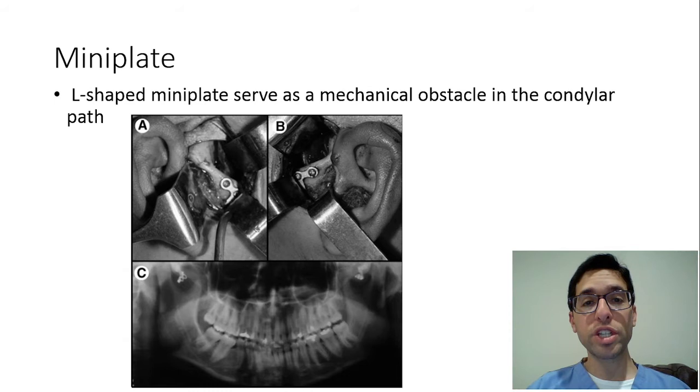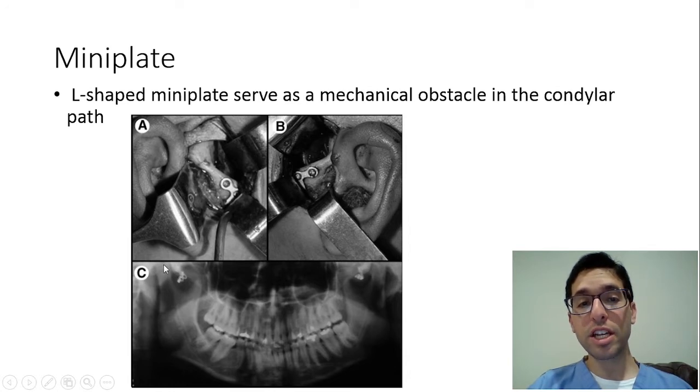So the other approaches actually have a different goal in mind. They're not to help reduction, but they're to prevent dislocation in the first place. So when it comes to an L-shaped mini plate, you can see this plate was placed over here, and you can see on the pan it's placed here. The goal there is to prevent full translation of the condylar head.